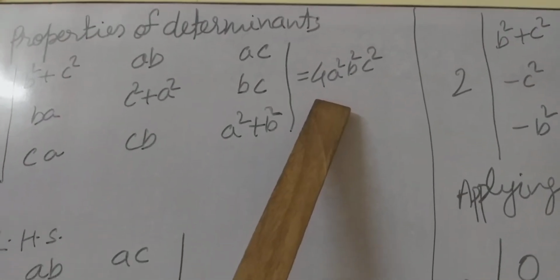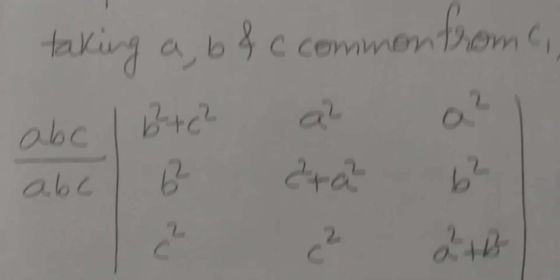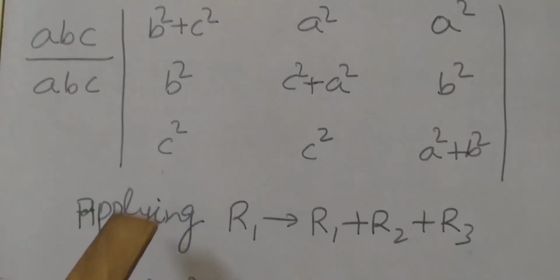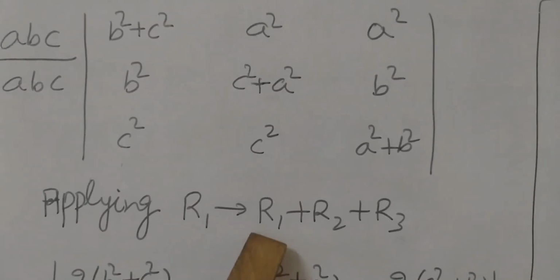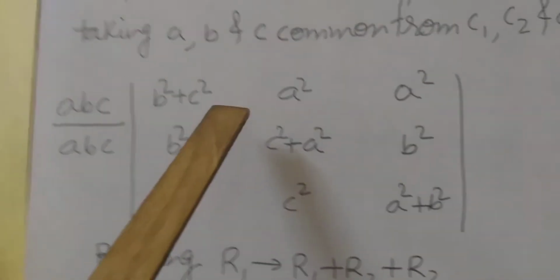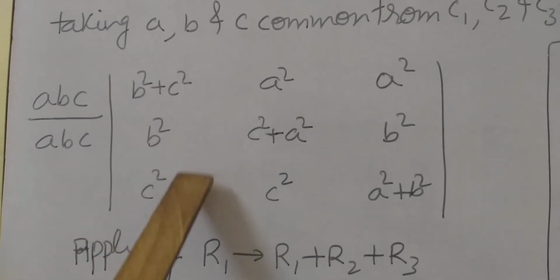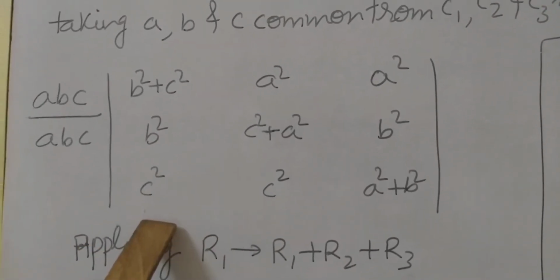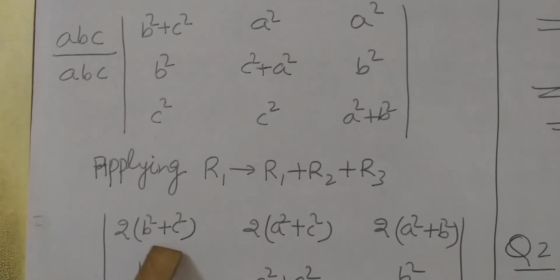You can see, to get 4, what we can do? I am going to add all, applying R1 tends to R1 plus R2 plus R3. When we add R1, R2 and R3, then B square plus C square plus B square plus C square means 2 times (B square plus C square).